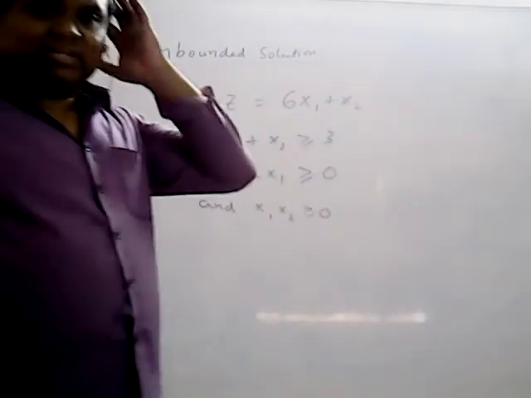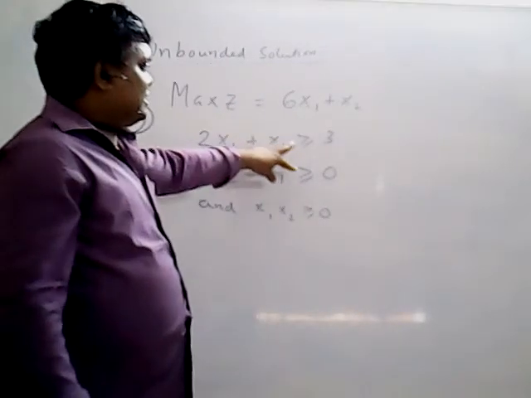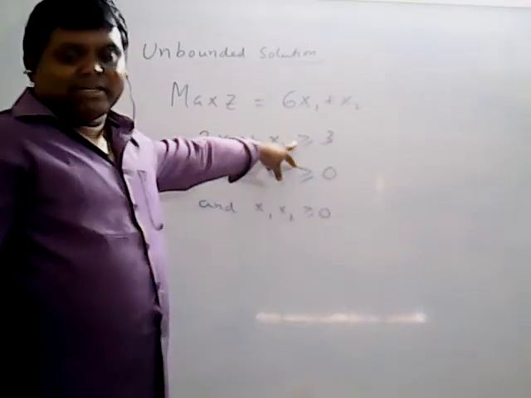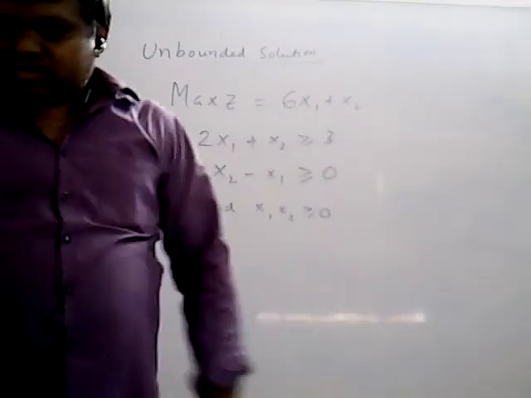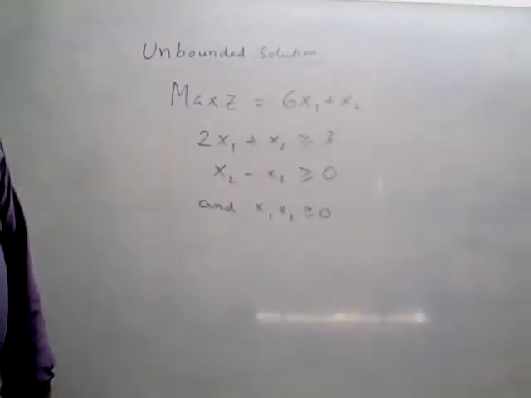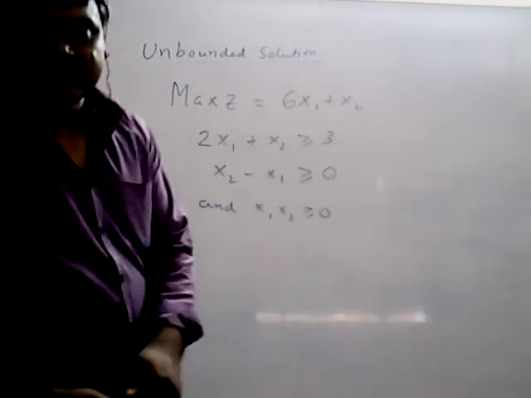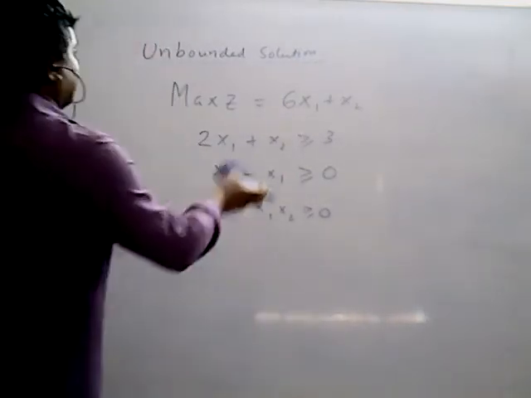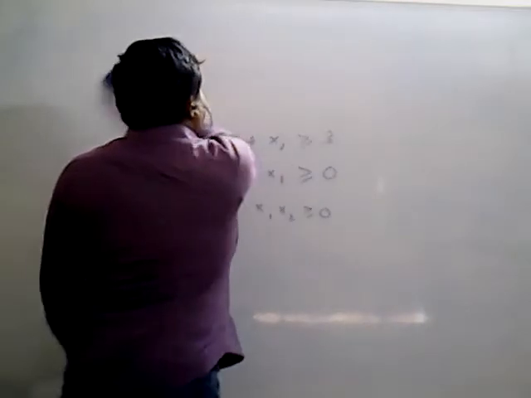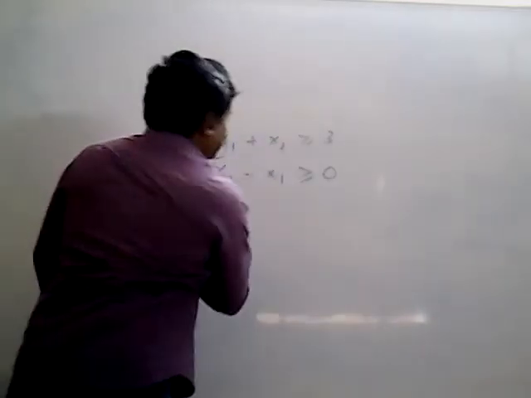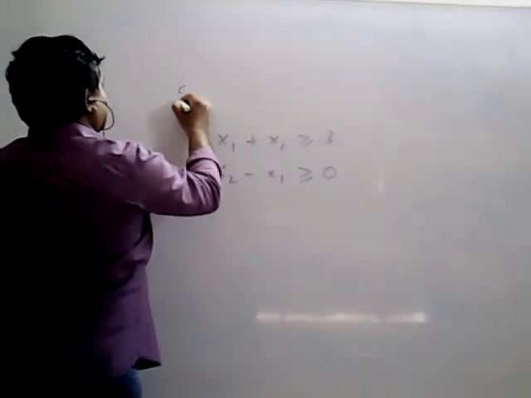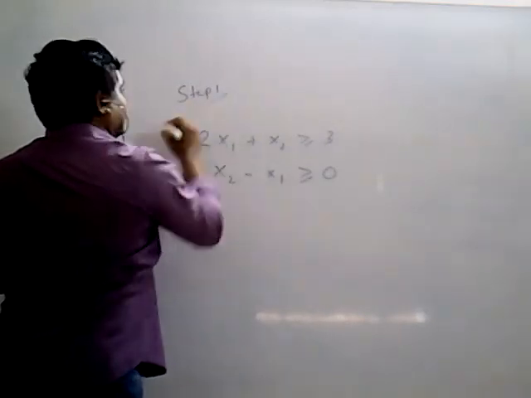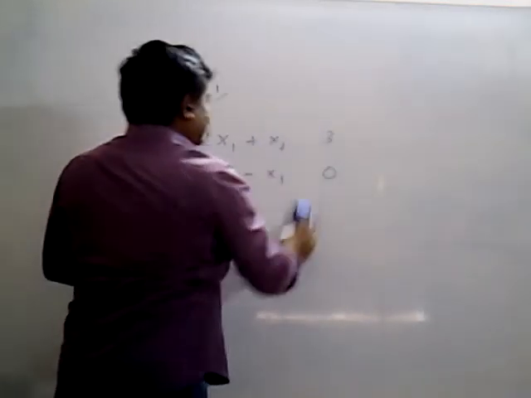What is step number 1 in graphical method? Convert all the inequality constraints into equality constraints.